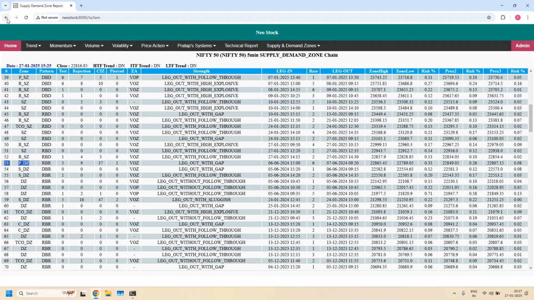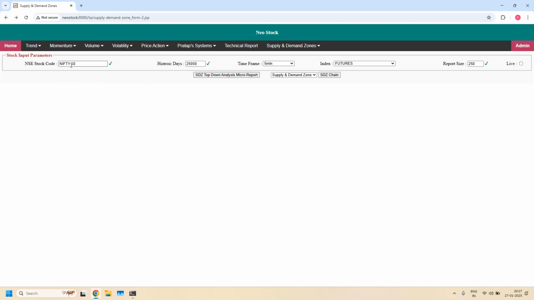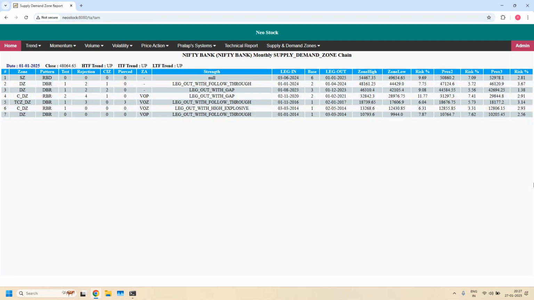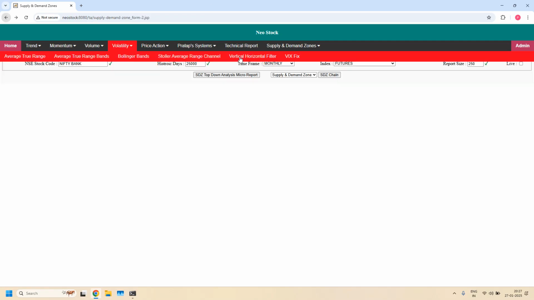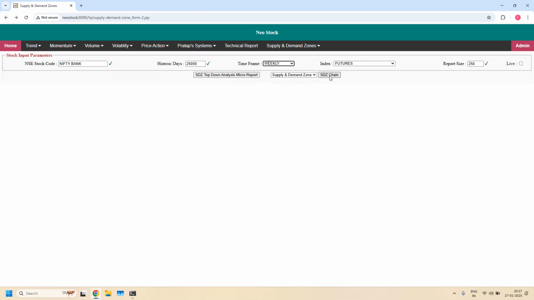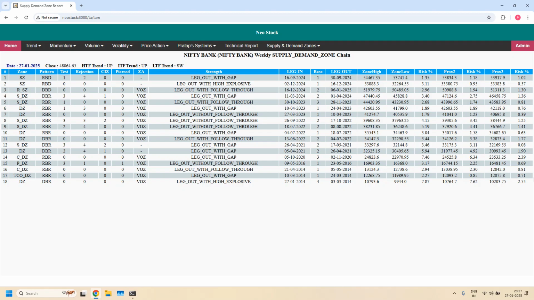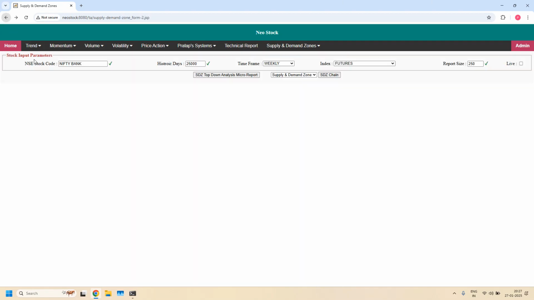Next we will generate Bank Nifty supply demand zone chain. That is nothing but Nifty Bank. Monthly supply demand zone chain for Bank Nifty. Next, weekly supply demand zone chain for Bank Nifty. Next, daily supply demand zone chain for Bank Nifty.